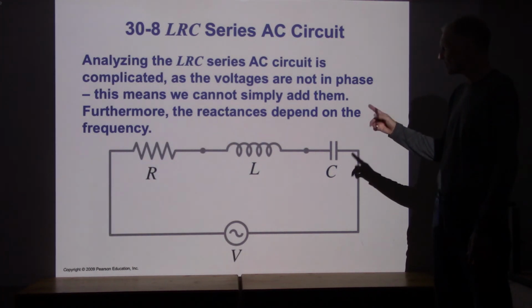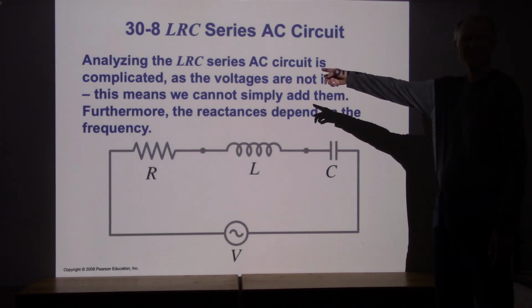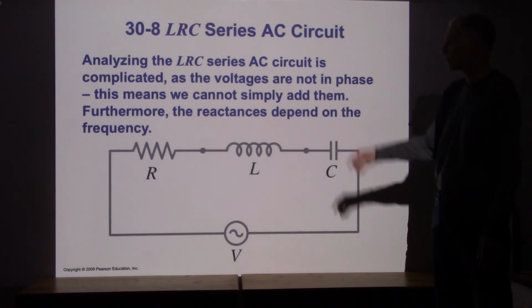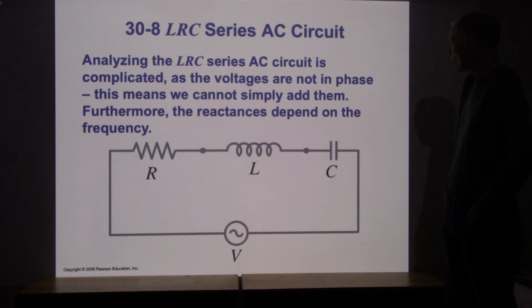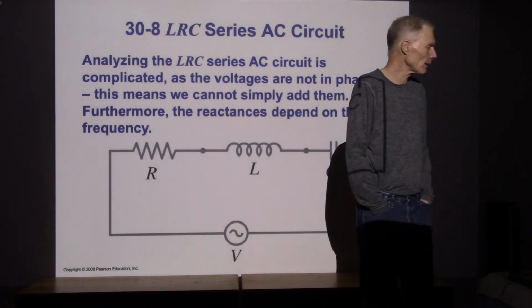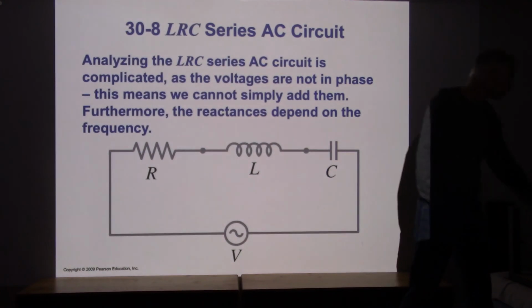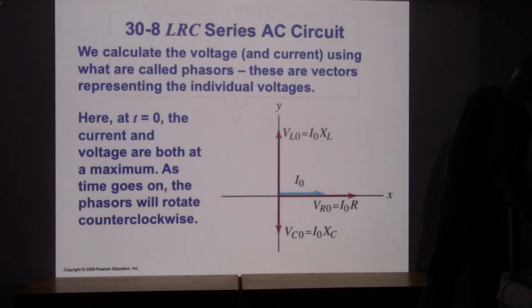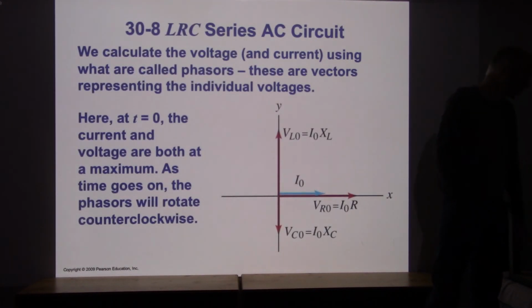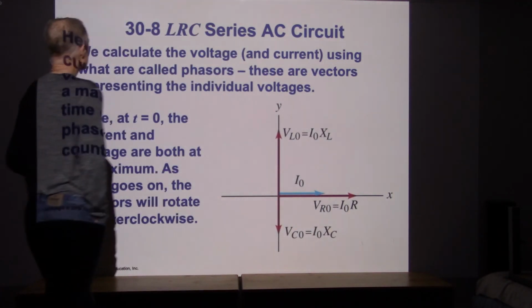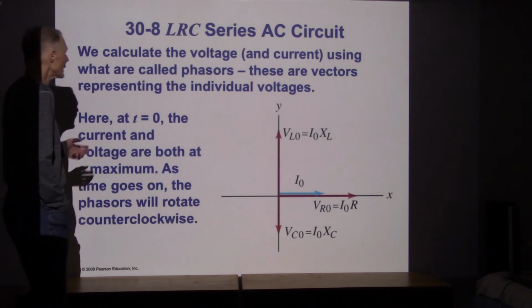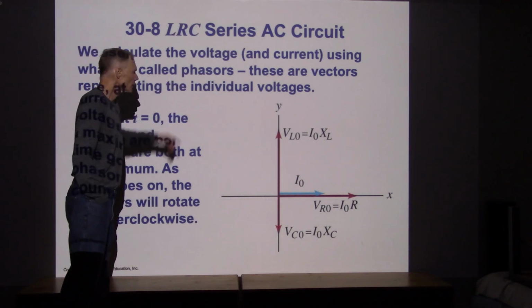So these phase differences, which we made a big deal about when we were introducing these, the phase difference effects are really showing up, which makes the AC circuits interesting and hopefully not too difficult to analyze. All right, so here is a phase diagram. What we're going to do is look at what are called phasors.